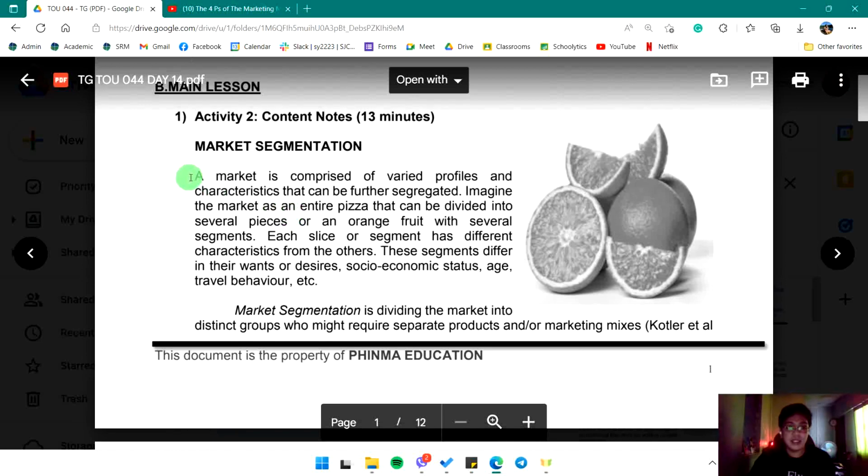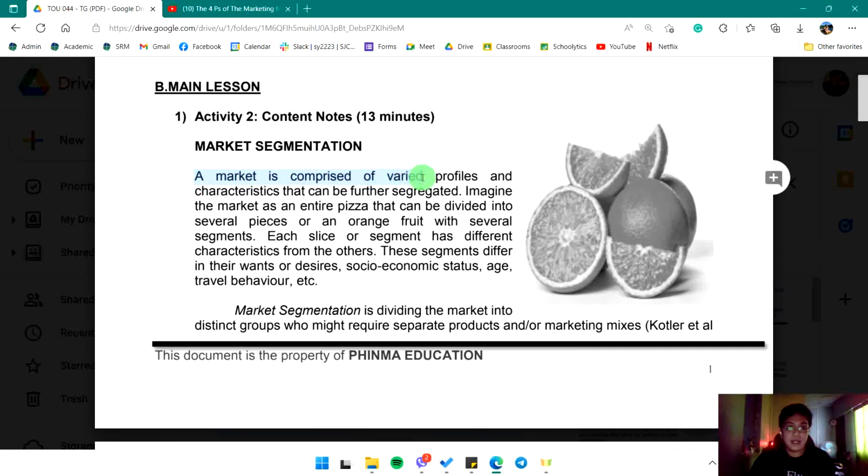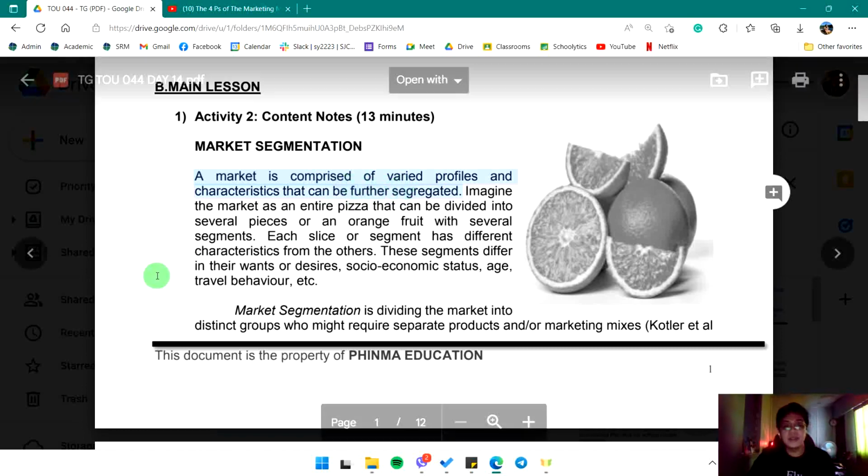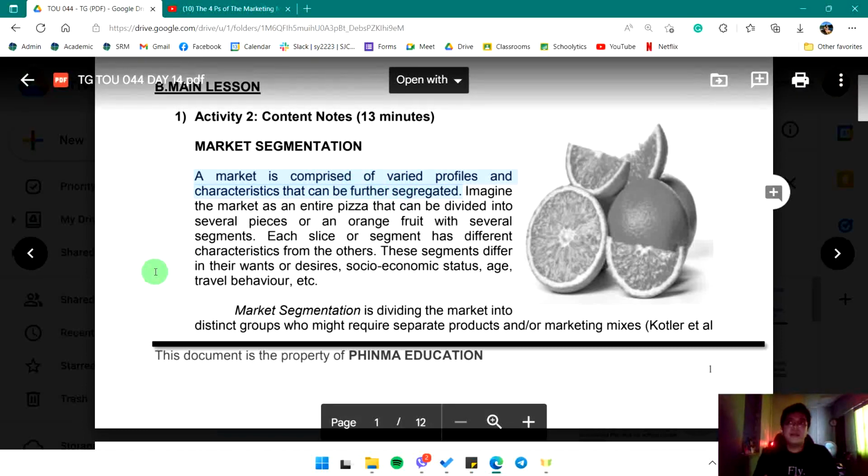Ayan, tulad ng nakalagay dyan. A market is comprised of varied profiles and characteristics that can be further segregated. Maraming details, no? Tayo, mga tao, marami tayong details na pinag-aaralan ng mga marketers.